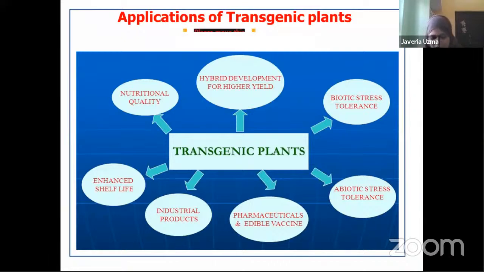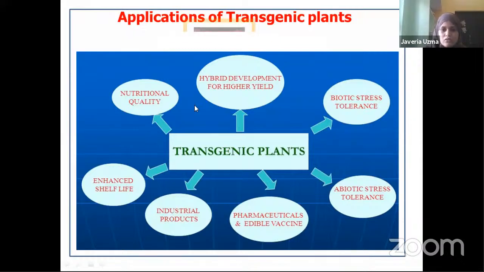Soil may become either acid or base or saline, or the pH of the soil gets disturbed. Due to that, plants do not grow properly. So if you introduce certain genes which can resist salinity also, then your plant becomes stress tolerant. So automatically when it becomes stress tolerant, it will become healthy and productivity will increase.